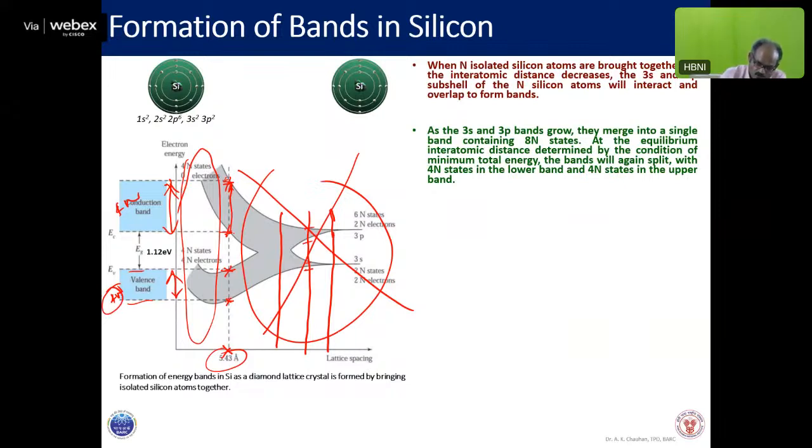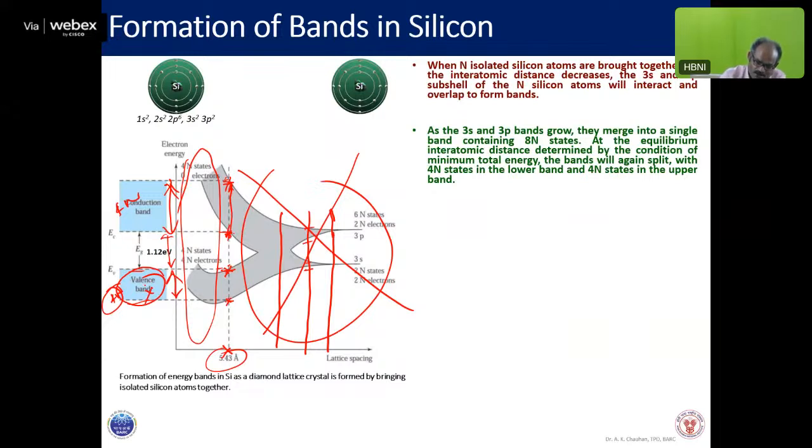So all those 4n electrons will remain here, and this is called the forbidden gap. There is no energy level here. So an electron cannot have any energy in the range from this point to this point. So this is called the gap.